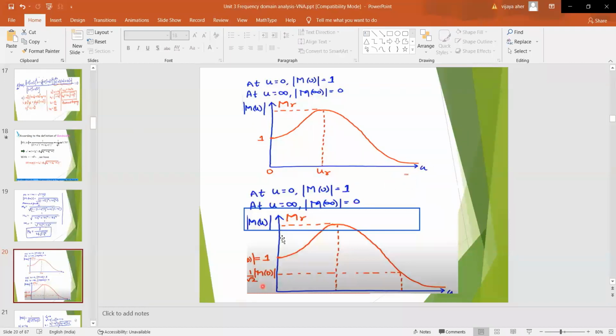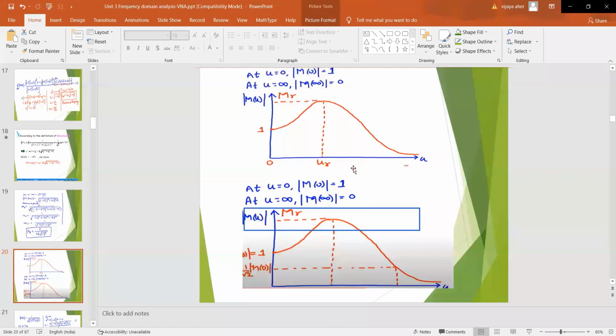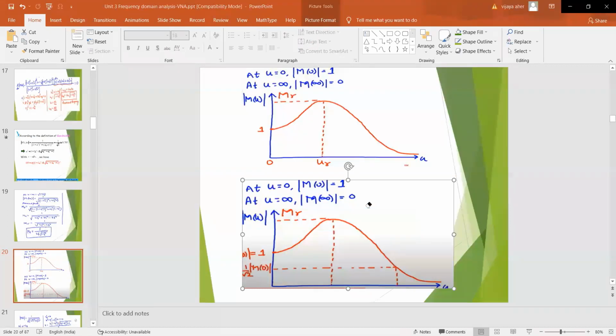Now coming to the next block. Again at u equal to 0, the magnitude of M(u) is equal to 1, and at u equal to infinity, the magnitude is equal to 0. Now drawing the bandwidth. How to draw bandwidth?